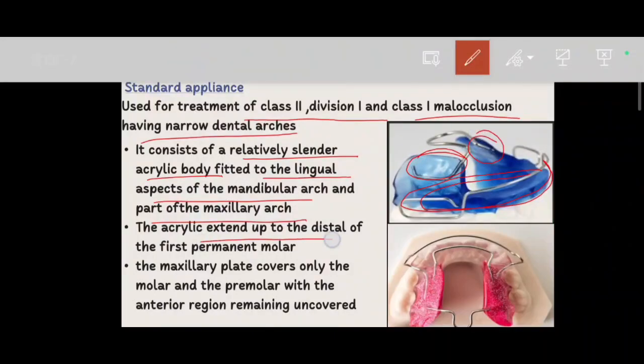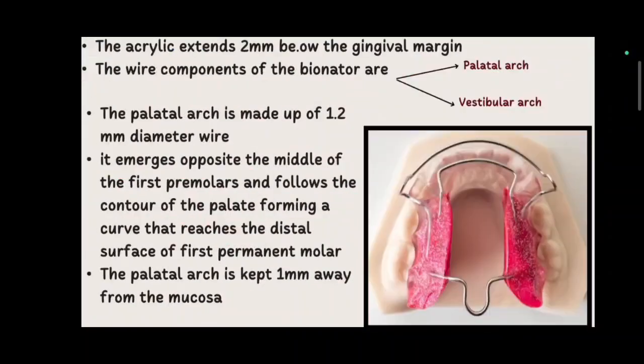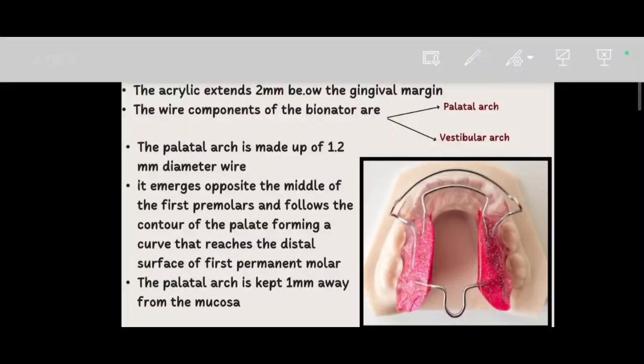The acrylic extends up to the distal of the first permanent molar. The maxillary plate covers only the molar and premolar, with the anterior region remaining uncovered. The acrylic extends 2 mm below the gingival margin.